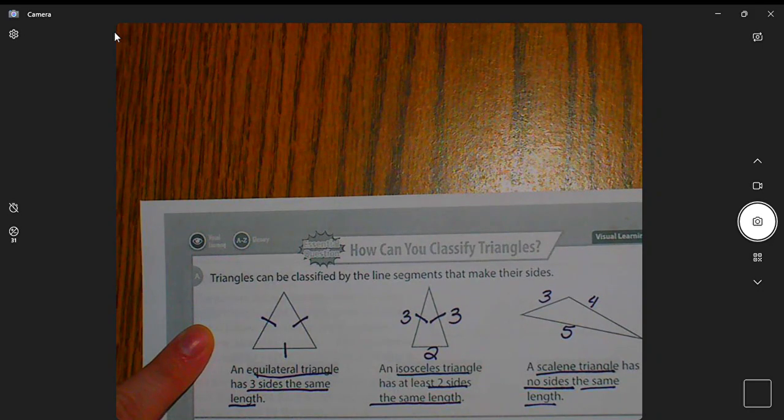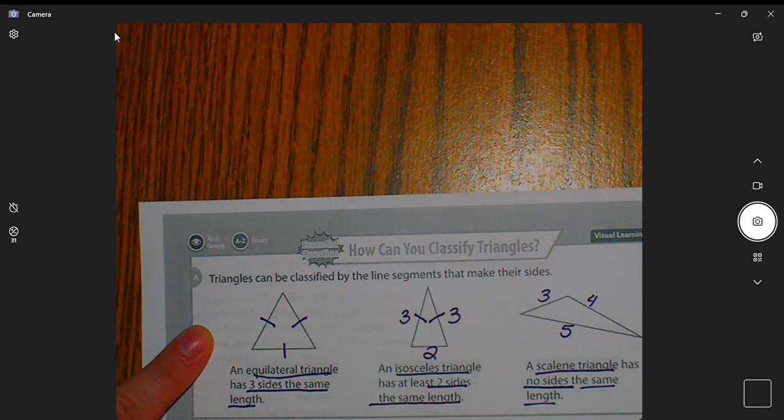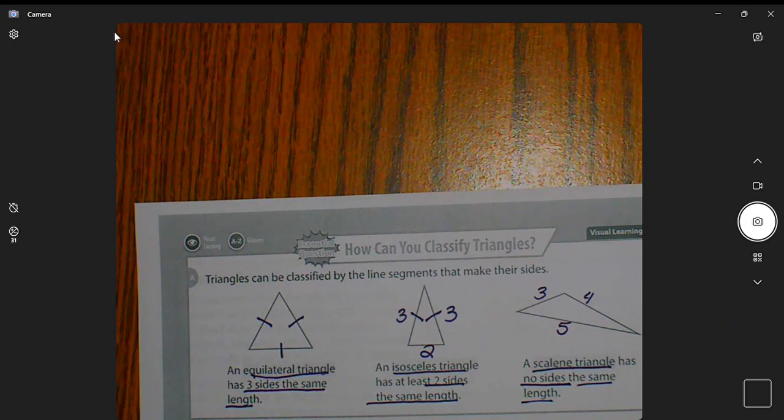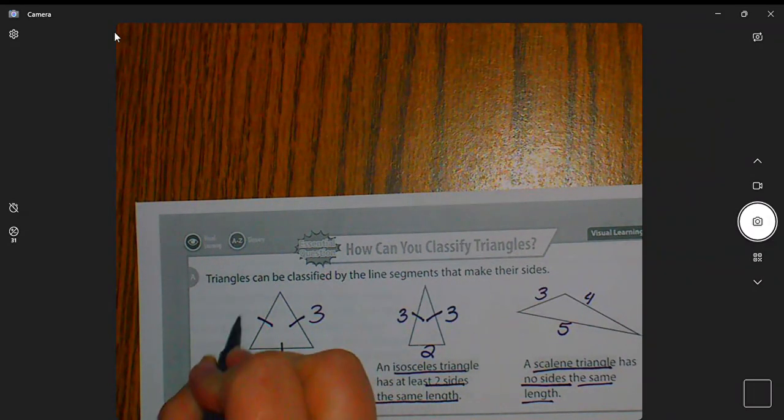Do you think that it will have the same number on all 3 sides? I think yes, because those dashes mean same and equilateral means equal triangle. I'm going to say they all have the same measurements.